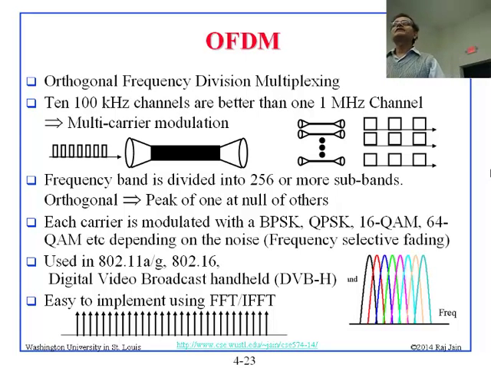So in terms of multipath, in terms of inter-symbol interference, it is much better to use these wider bits with tiny channels than to use one channel with tinier bits. Okay, so that's the whole idea of OFDM.